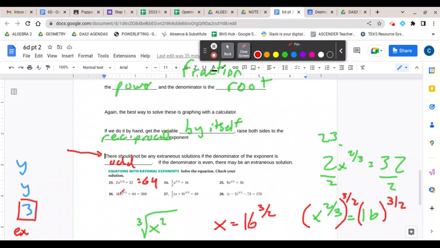So here we have 2x to the 2/3 power equals 32, and x is going to be 64, and there's not going to be any issues there. If we have 1/2 x to the 5/2 power equals 16, there's a possibility that we may have an extraneous solution, particularly if we have an x on the other side. But I don't think that's going to be the case there, but you could always go back to what we did on the first page to check.